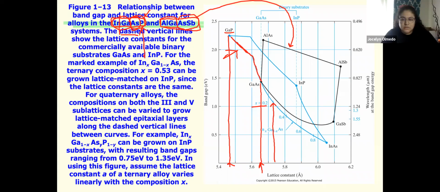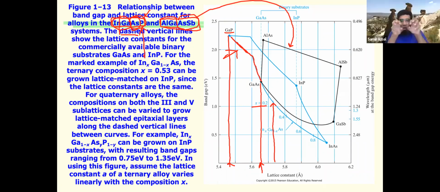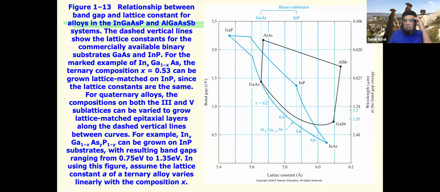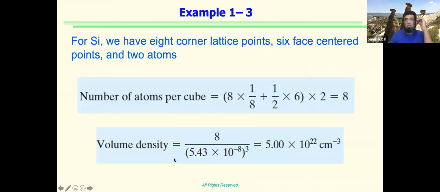So now think about it. The lattice, how close the atoms were to each other, have gone apart, gone away from each other, right? Lattice constant has increased. Now, if you think about that example where we calculated the number of atoms in a unit cell of silicon, we would have fewer and fewer cells. Let me go back and show you. Let's go back to this example.